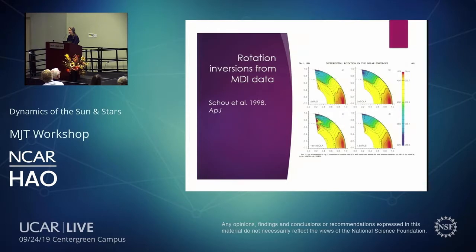And eventually it became obvious that really what we were seeing was the effect of systematic errors in the MDI splitting coefficients. So all the understanding of averaging kernels in the world won't help you if the input data are wonky. So that is something that you need to bear in mind when considering inversion results.